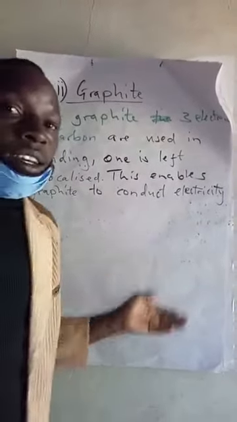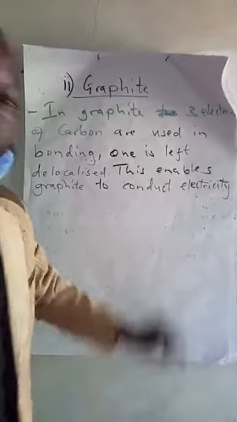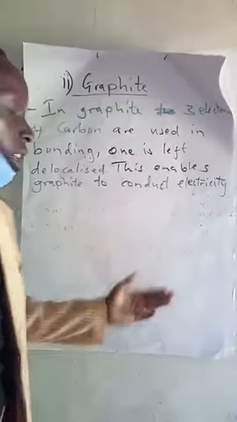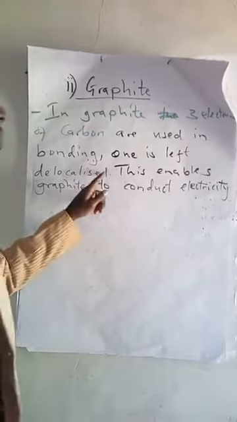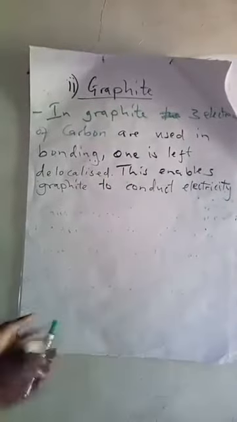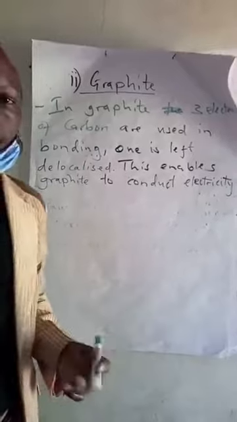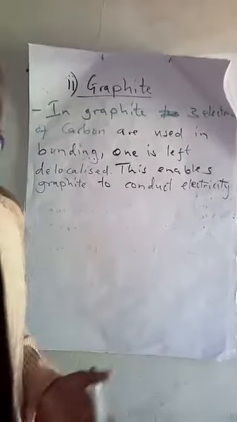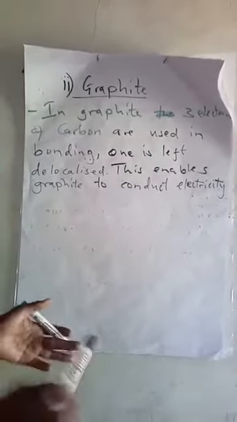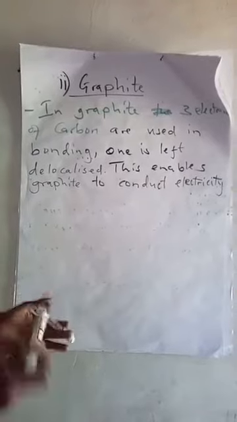By the way, graphite is the only non-metal which conducts electricity, and that is enabled by the presence of the delocalized electron. Also, this is why graphite is used as an electrode in dry cells, electrochemical cells, and those.